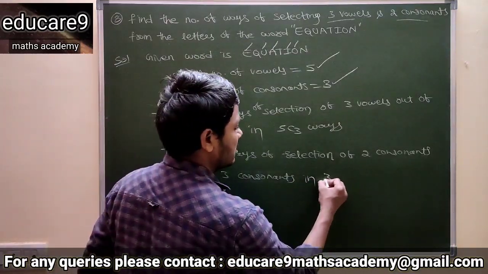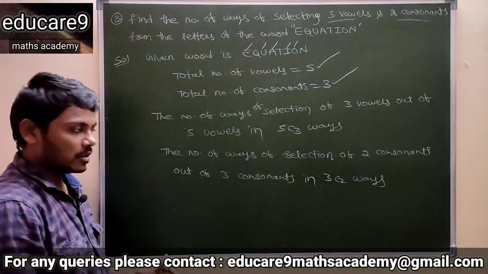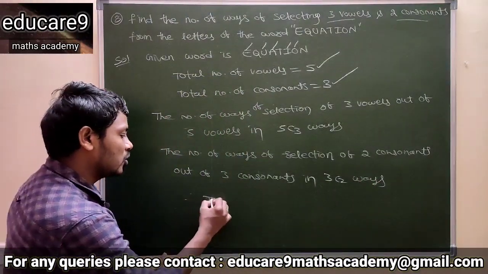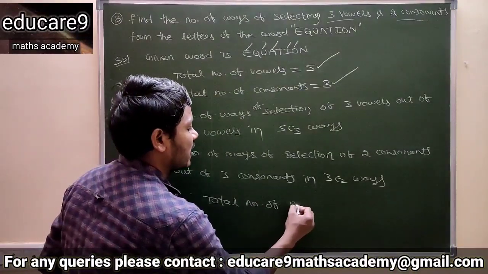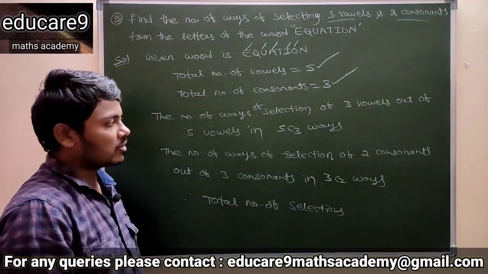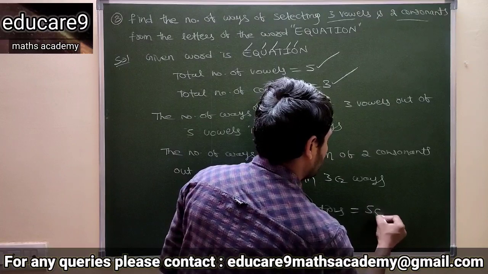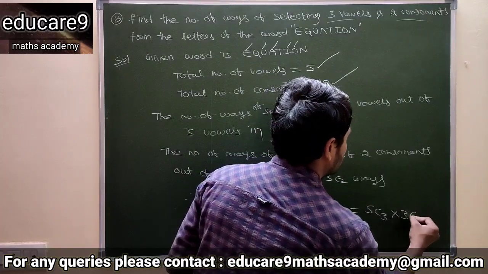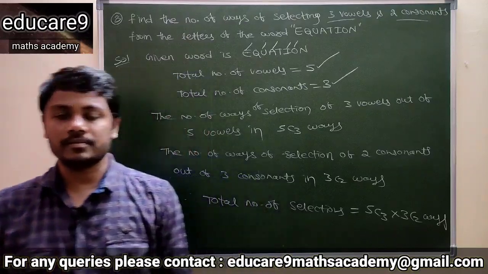So clearly it is 3C2 ways. Therefore, the total number of selections is equal to 5C3 into 3C2 ways. So this is the required answer.